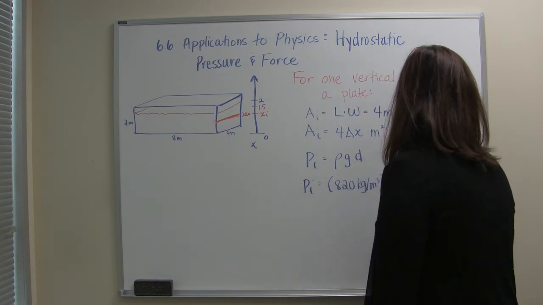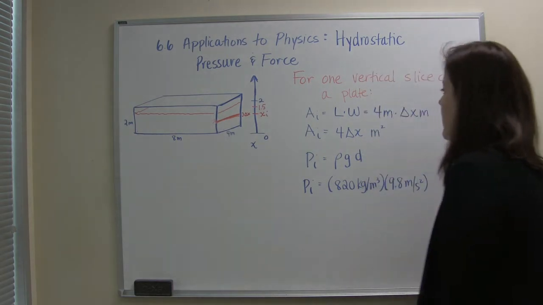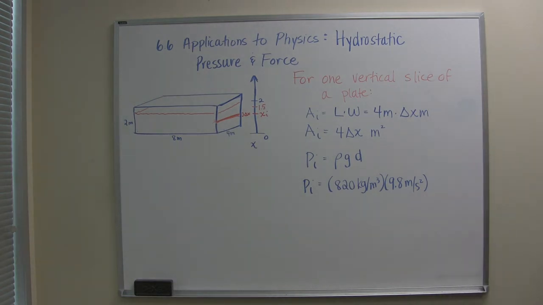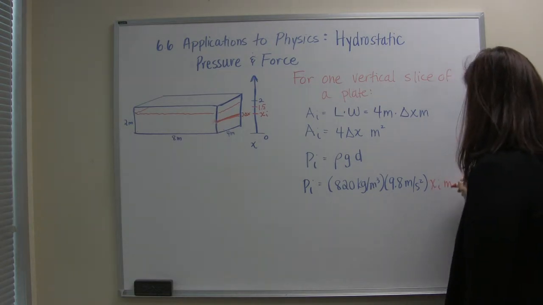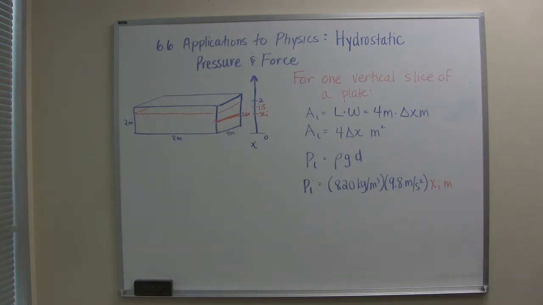Gravity, we know, is 9.8 meters per second squared. And this plate happens to be at a depth of xi meters. So putting that all together, the pressure at my single slice of a plate is 820 times 9.8 times xi.